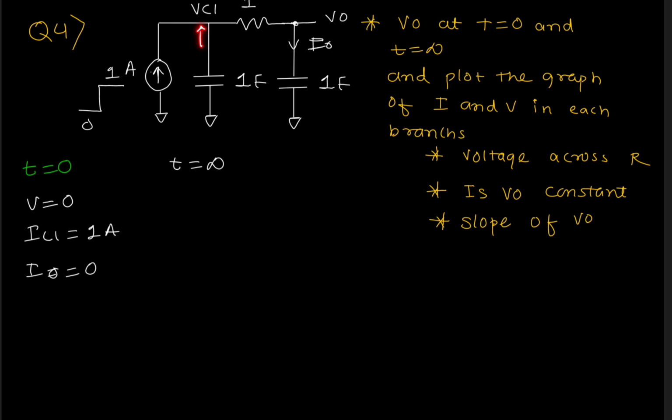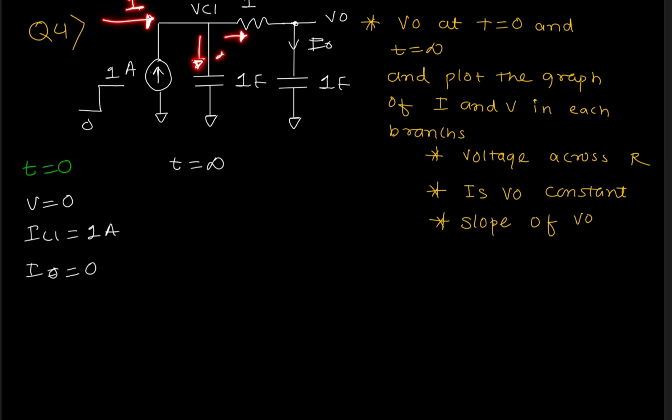As this voltage is getting increased and this voltage is smaller than this, there will be current here, and this will charge this voltage. This voltage is also getting increased due to this current. And in this branch the current is decreasing because this current is increasing, right? And we have the same current passing through this, so 1 ampere.